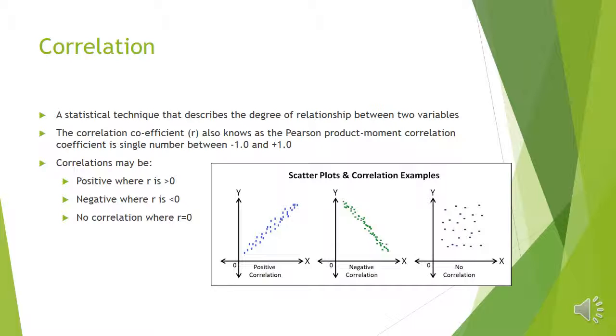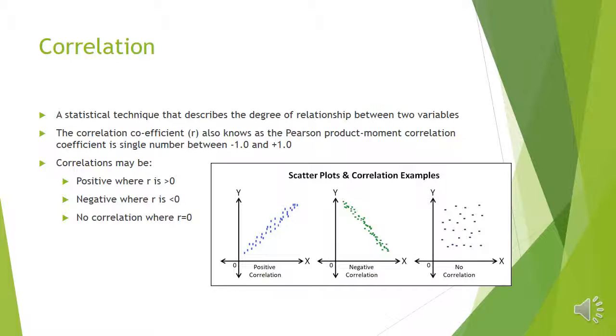Your correlation can be represented graphically using your scatter plots as shown in the photo on the slide. With a positive correlation, you would see a general upward slope on your graph where an increase in x would result in an increase in y.